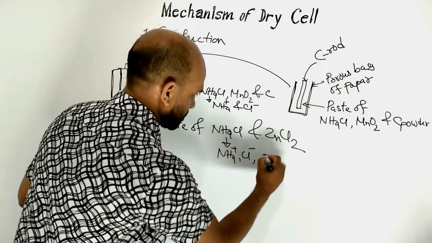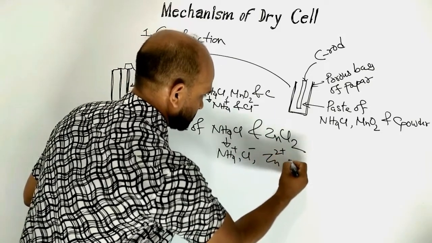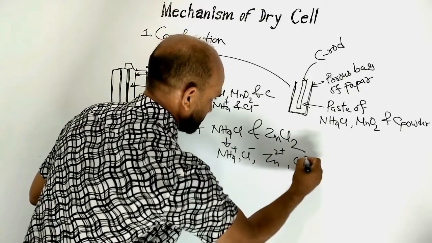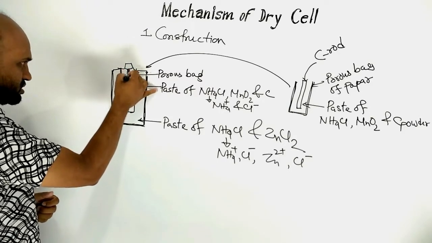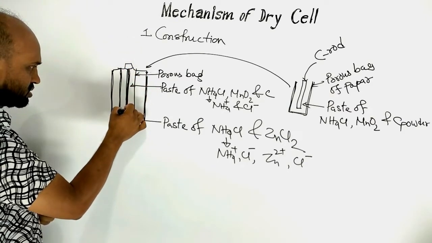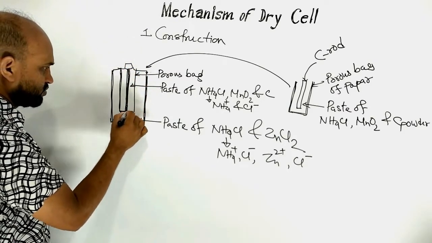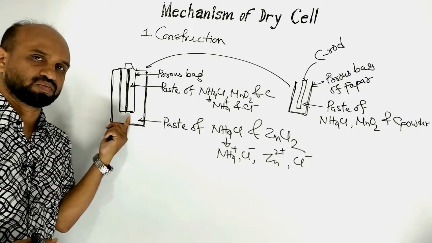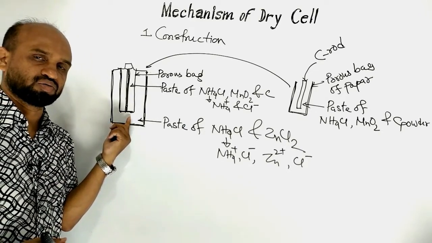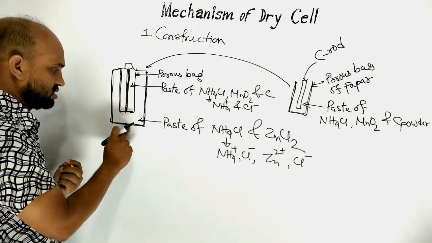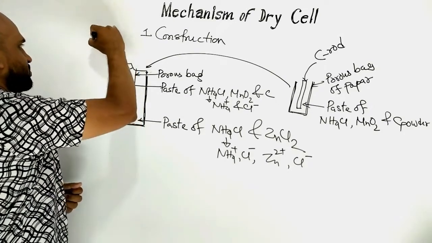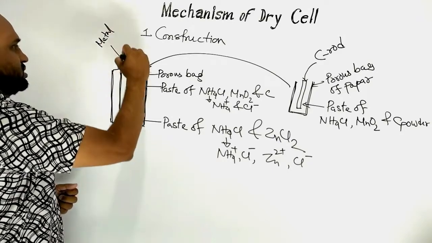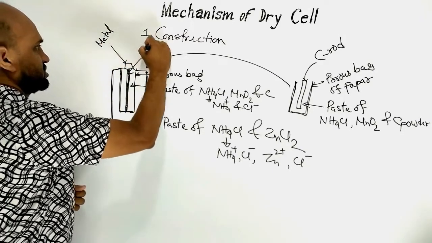From the zinc chloride, zinc 2+ ion and chloride ion. Here this carbon rod is set up to the bottom of the porous bag. This carbon rod will not touch the zinc vessel. This is the metal cap and this is the carbon rod.